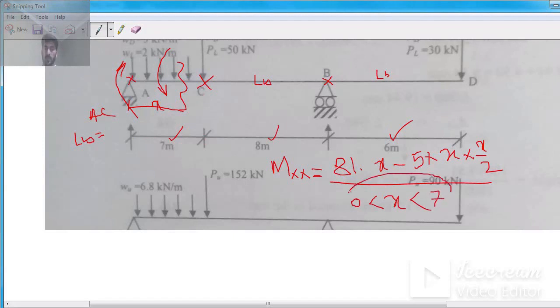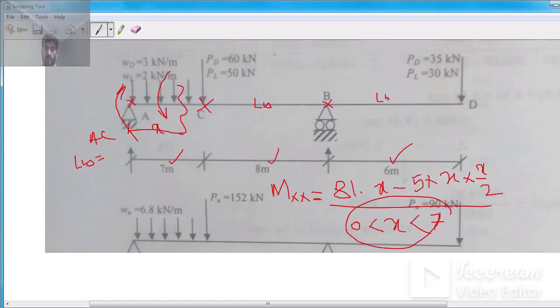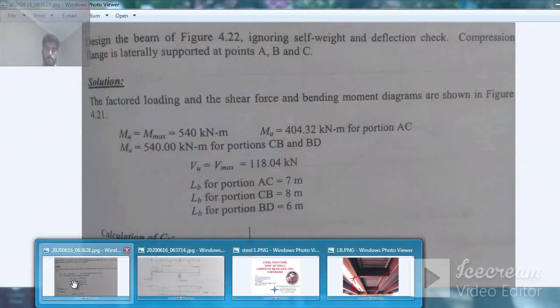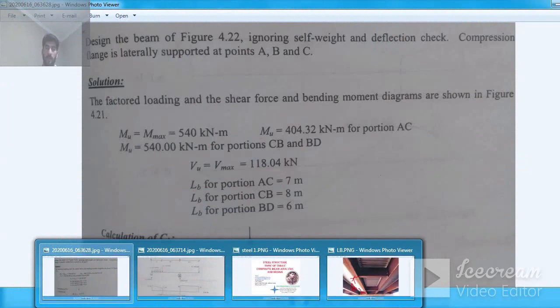We still don't consider this moment. So what they basically take for this value, let me check. That's fine. This is 81.56, 6.8 basically. They factor that moment, they factor this load.